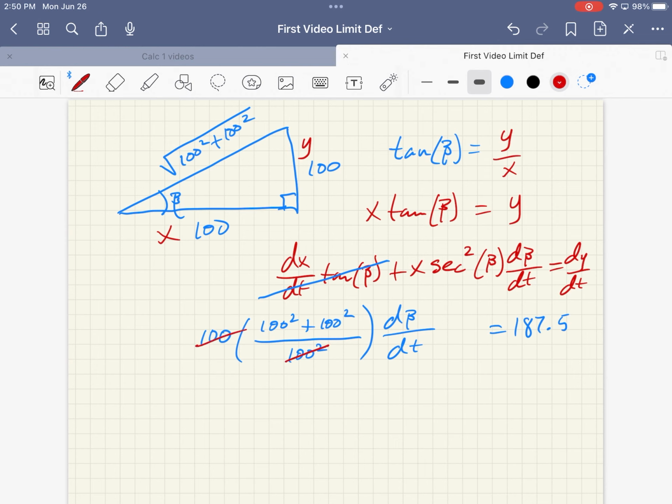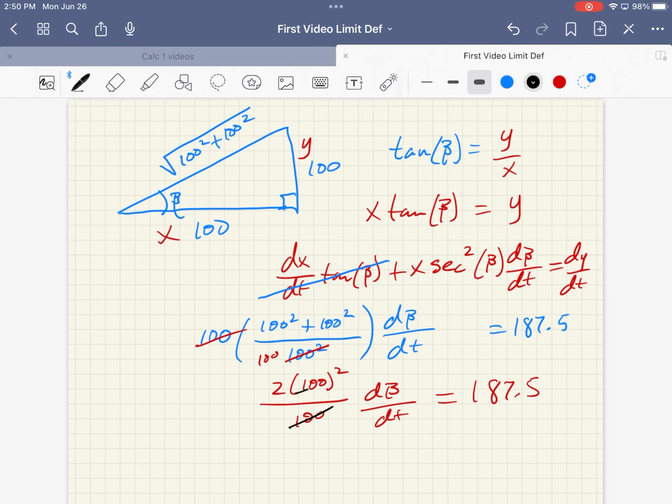So that will cancel with that, left with 100. So I basically have 2 times 100 squared over 100 times d beta dt equals 187.5.